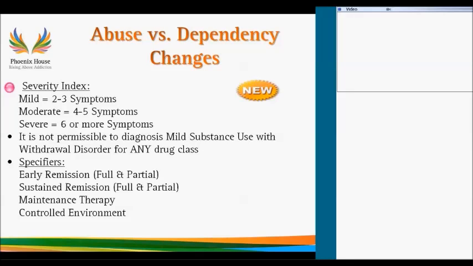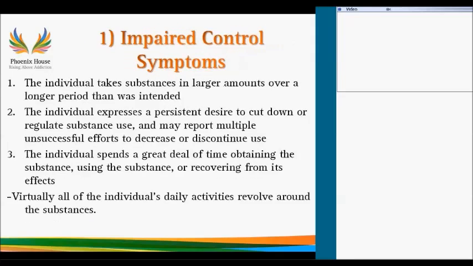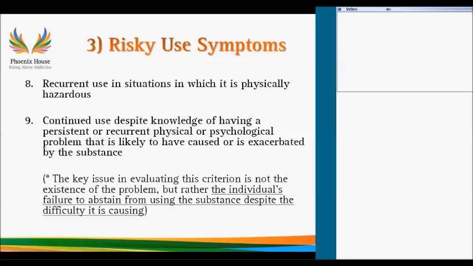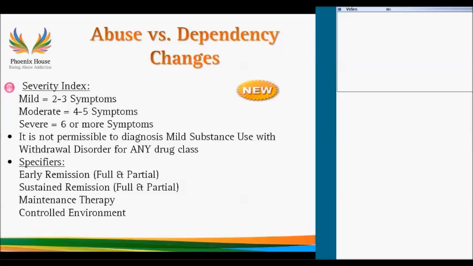I can tell you the way I would do it is I would go through, okay, you're using alcohol. Okay, how much alcohol are you using, so on and so forth, and I would literally go through each one of these things, kind of getting verification. What are the symptoms? Is this about impaired control, risky use, so on and so forth? And then at the end of that, assigning the severity index, because that's really what's going to dictate level of care and dictate treatment planning.